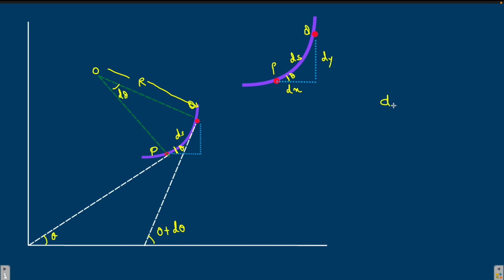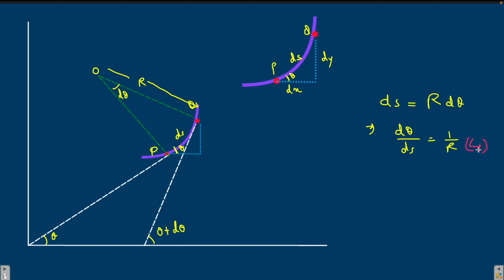Now we know that ds is equal to r d theta. This implies d theta by ds is 1 by r. Let this be equation number 4.